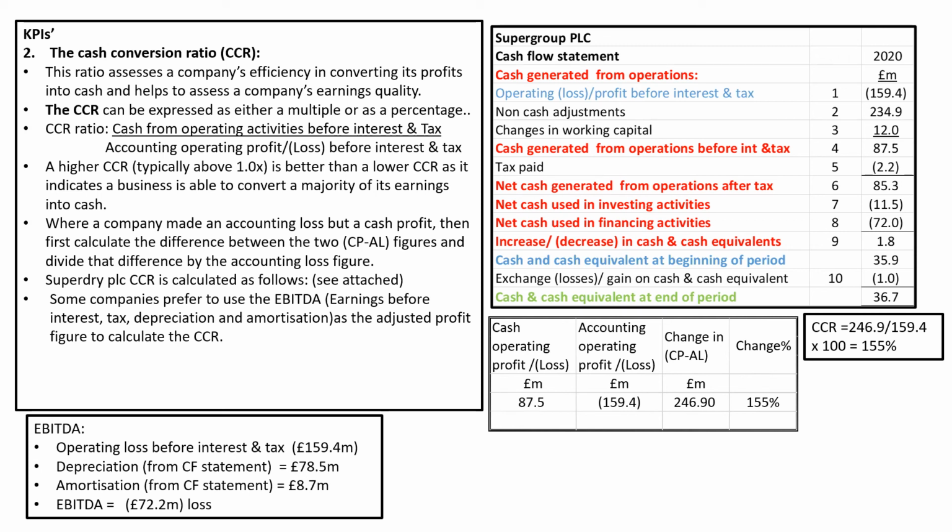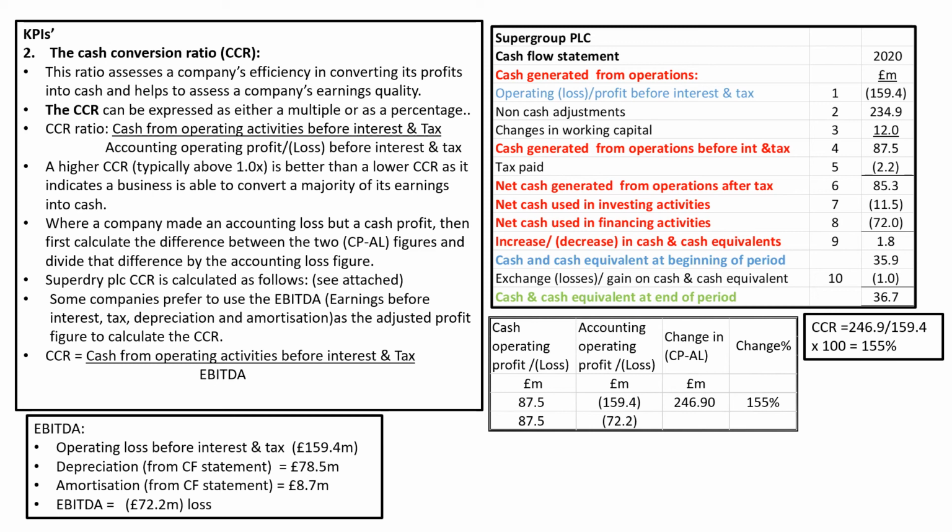To work out the CCR, we divide the cash operating profit, operating activities before interest and tax, by the EBITDA. But given the fact that this company made a loss, we have to calculate it by taking the difference between the two. So you've got the cash operating profit, which is 87.5.